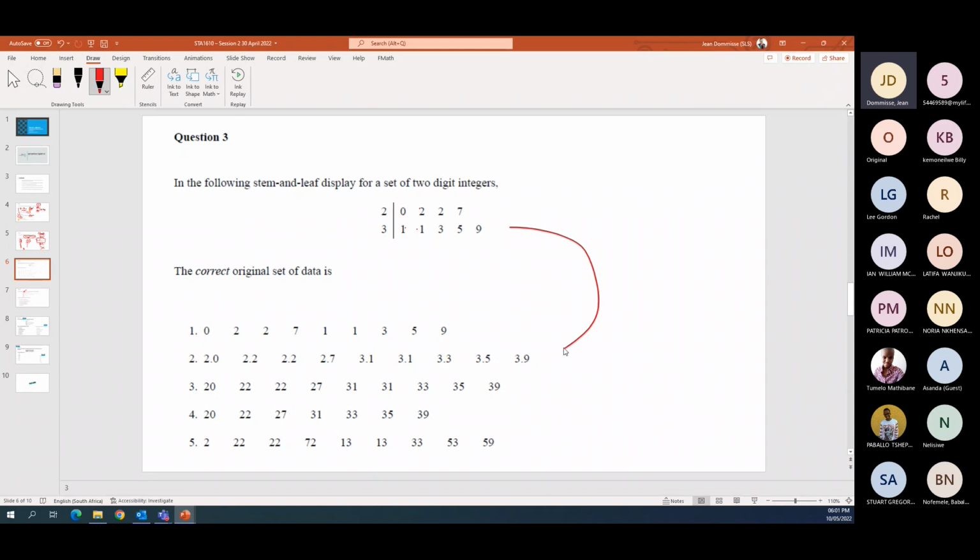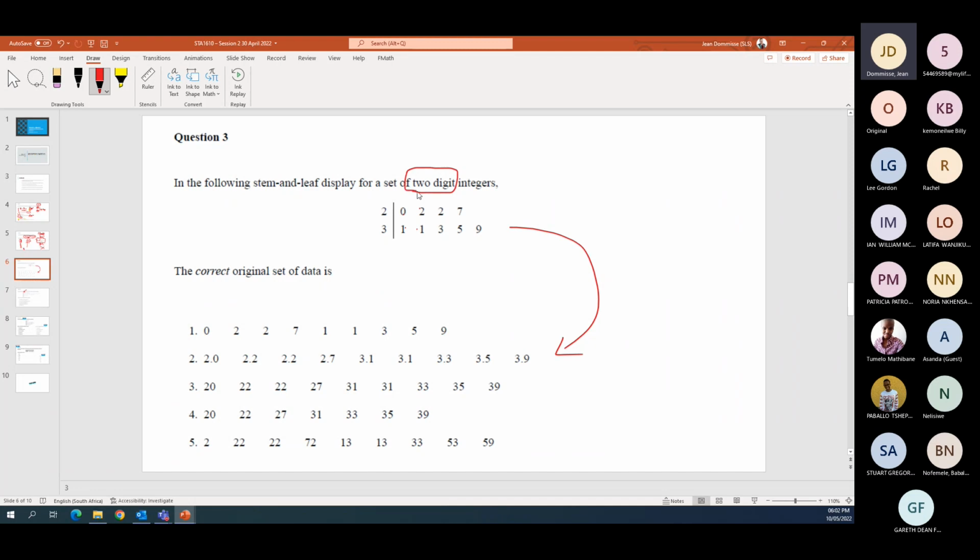Okay, so the first thing that they tell you is that you're working with a 2-digit integer. So when it's a 2-digit, that first value will be 20.